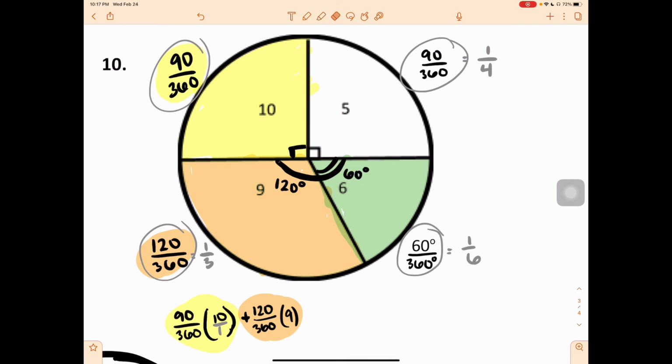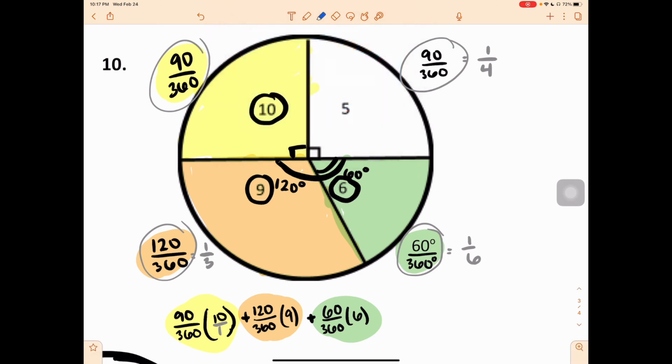So this value here, this one was 10, 9, this one is 6. Okay. And this green part here is 60 degrees of the circle. So 60 out of 360. So here we have 60 out of 360 degrees times 6.